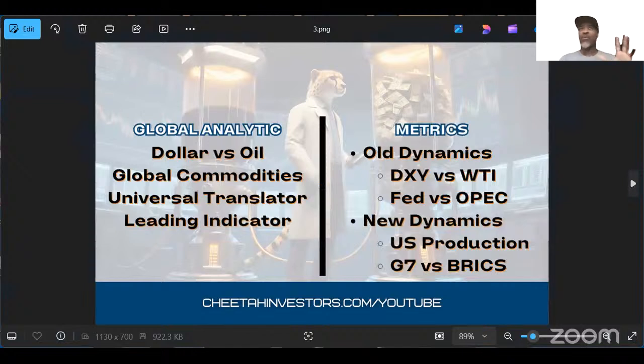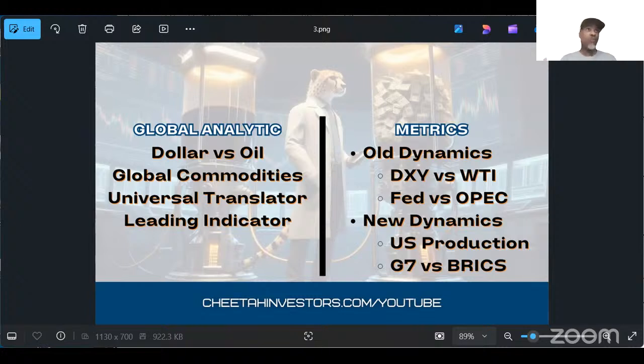So this is kind of what we went over yesterday, where the prime correlation is the relationship between the dollar and the oil. These are the two strongest global commodities on the planet. There is nothing that happens in an industry, in a banking system, in a currency, nothing happens in a supply chain, that the dollar and oil is not the first two dominoes.